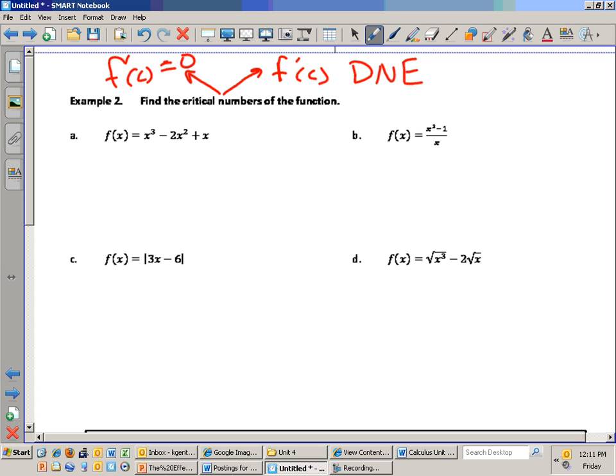So what we need to do is take the derivative and set it equal to 0. So f prime of x is equal to what? 3x squared minus 4x plus 1. We set it equal to 0, and we solve. Any factoring geniuses here?